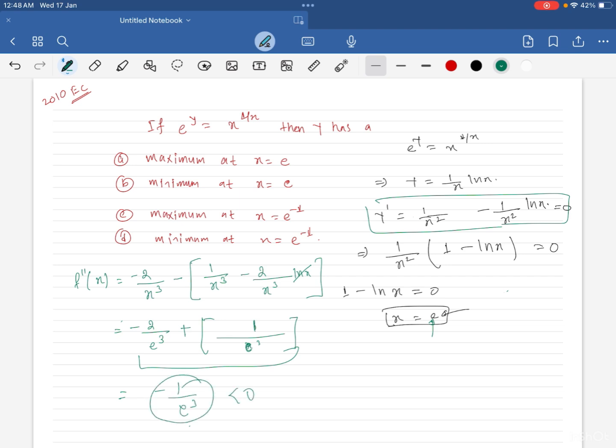That is less than 0, so f double dash at e is less than 0, which means e is a maxima point. So we will get maxima at x equal to e.